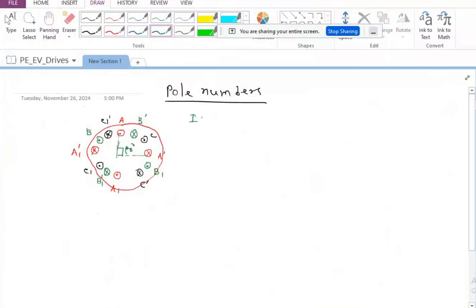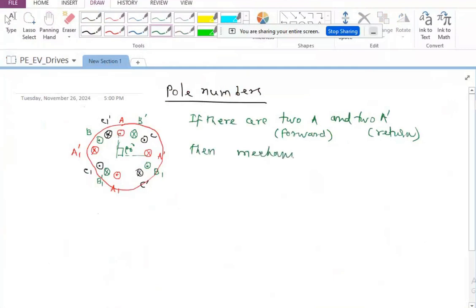So if there are A and A dash, that is, this is forward current and this is return current, then mechanical angle of 90 degrees is equal to electrically complete current reversal.